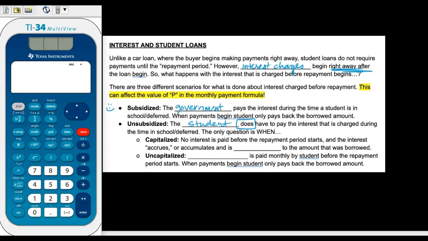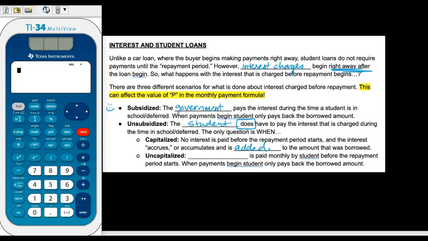Unsubsidized loans could have interest that is capitalized, and that means no interest is paid before the repayment period starts, meaning no interest is paid while the student is in school. It just accumulates and then is added to the amount that was borrowed, and that's all wrapped into a monthly payment that the student makes after they're finished with school. I would say most students have loans that are capitalized, where they're not making payments while they're in school.